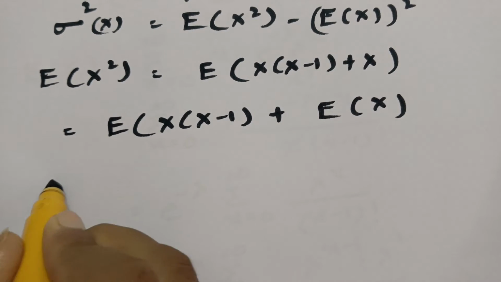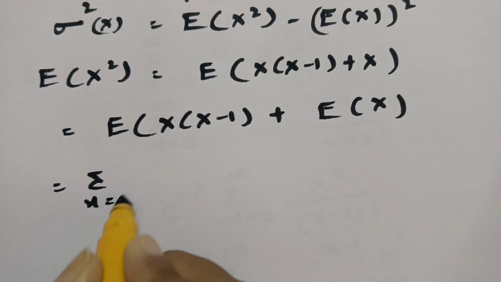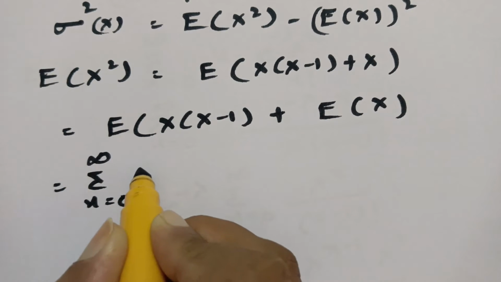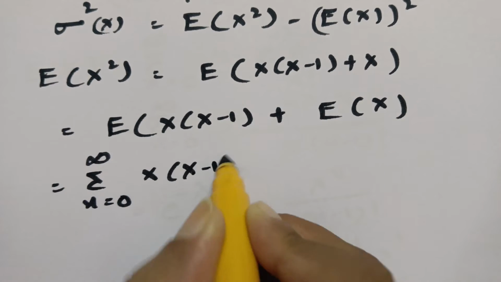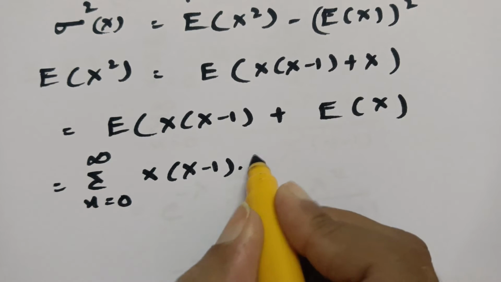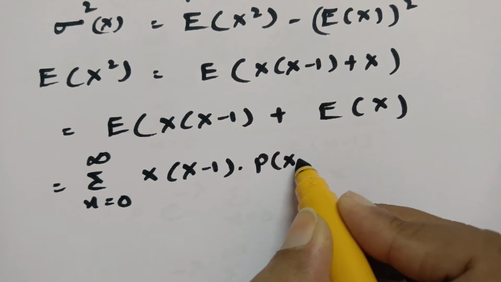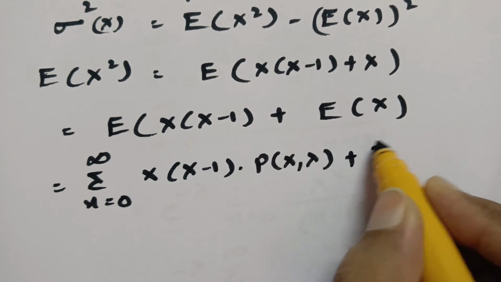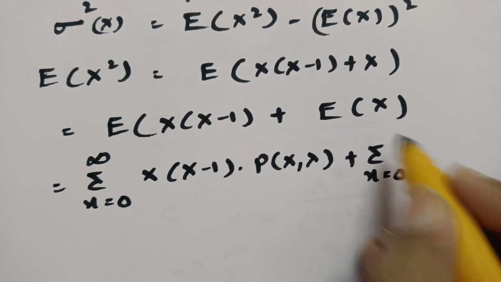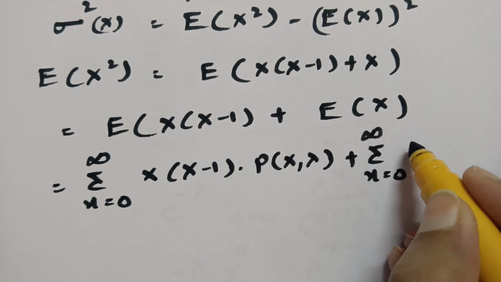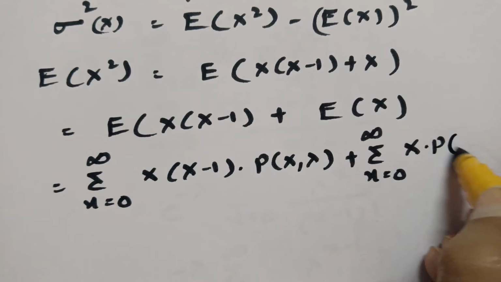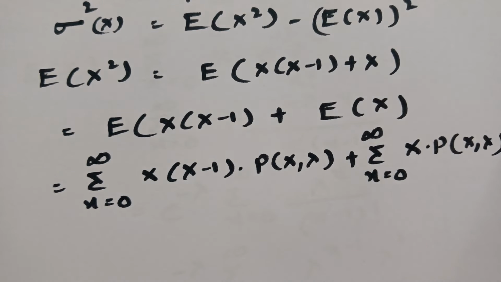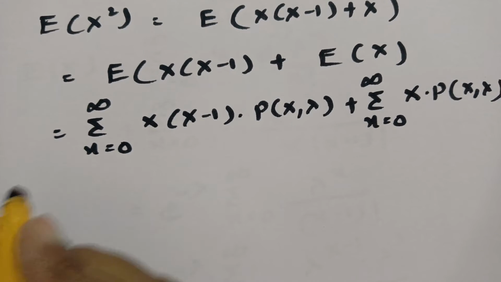So this is nothing but sigma x from 0 to infinity, x into x minus 1 into the probability mass function p of x comma lambda, plus sigma x from 0 to infinity, x into the probability mass function of the Poisson distribution, p of x comma lambda.